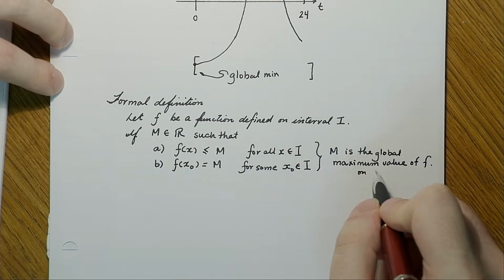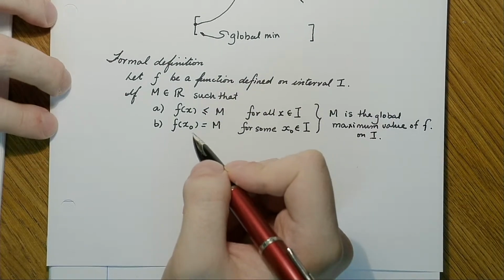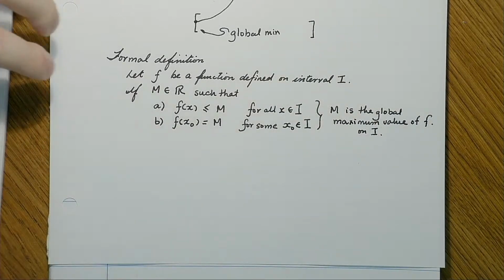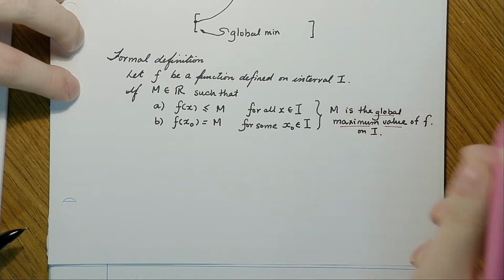And then we also make it a little bit more detailed by saying it's on the interval. So that's for the global maximum value.